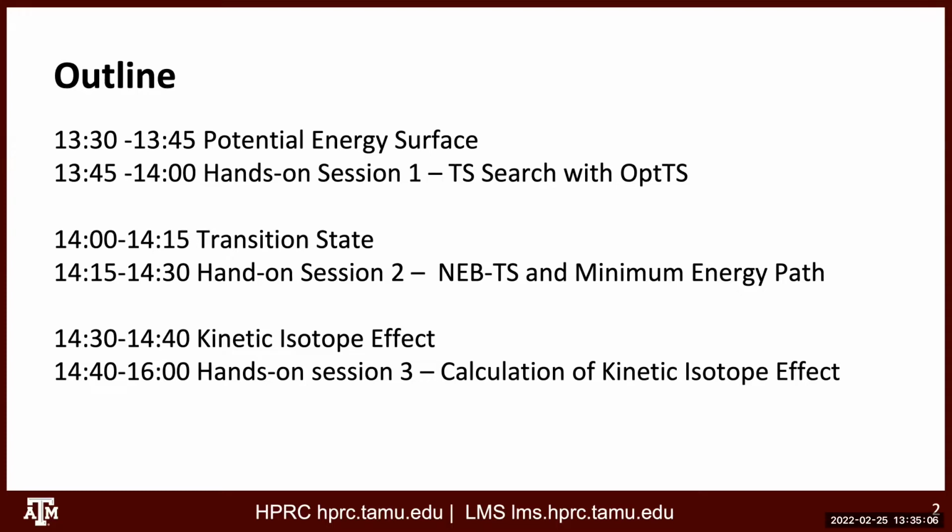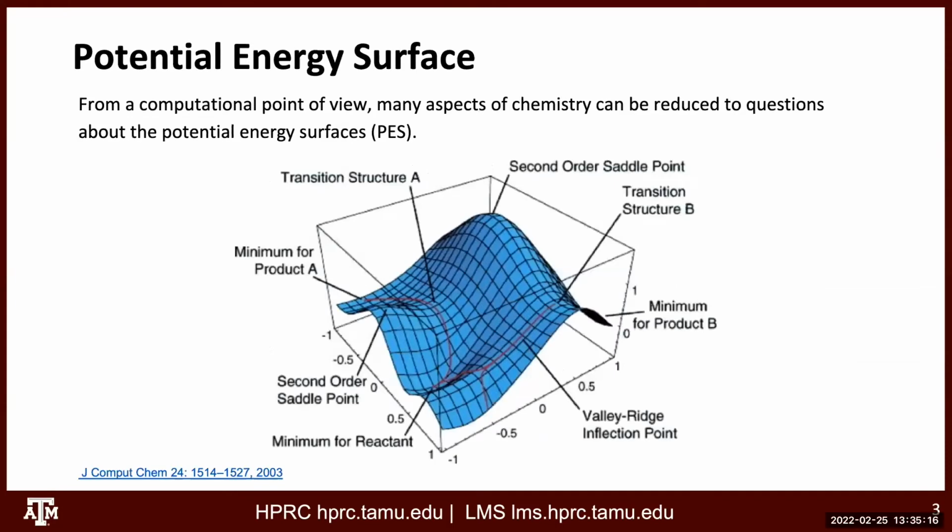For the kinetic isotope effect, we will use the cyanide molecule as an example, so you can find the transition state of the isomerization of cyanide and calculate the kinetic isotope effect.